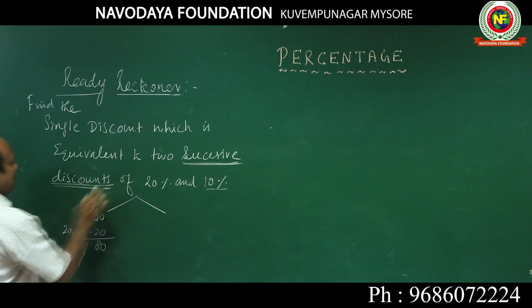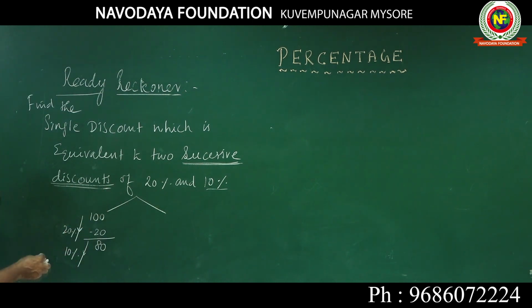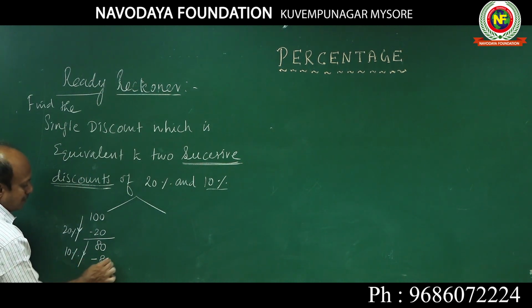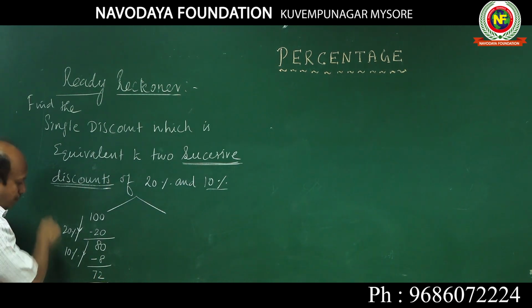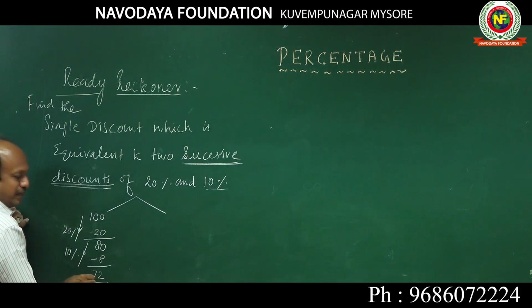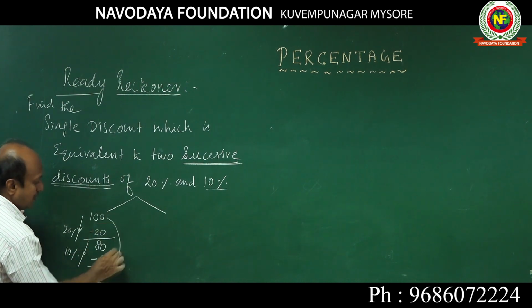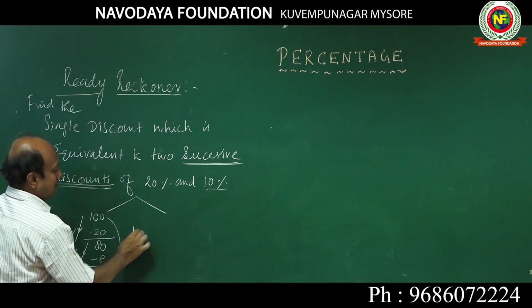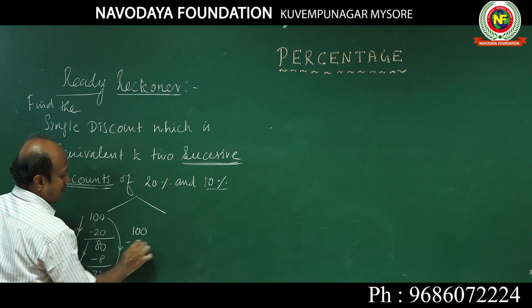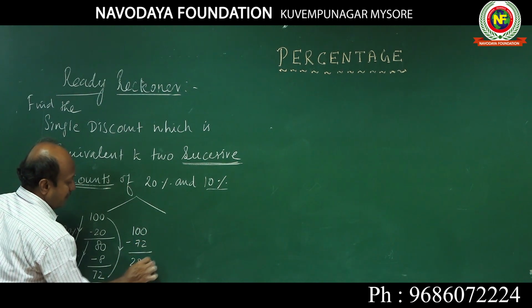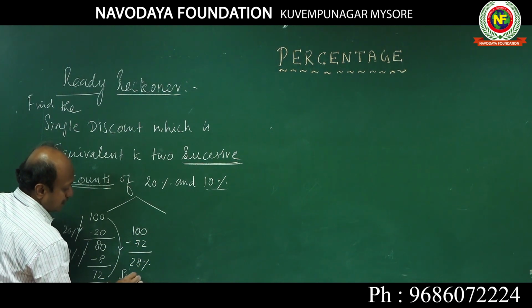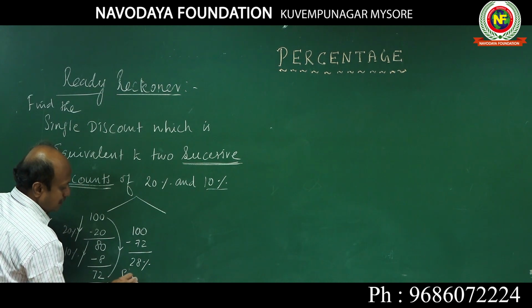Successive discount means whatever the first discount is reduced, upon this value, the new value you have to find out the second discount. It is nothing but minus 8. So what you get? 72. Instead of paying 100 rupees, you will be paying 72 rupees. That means which is equal to 100 minus 72. It is nothing but 28% is the right single discount.